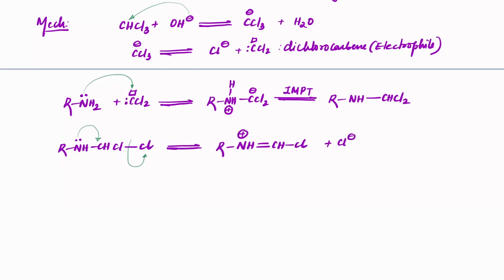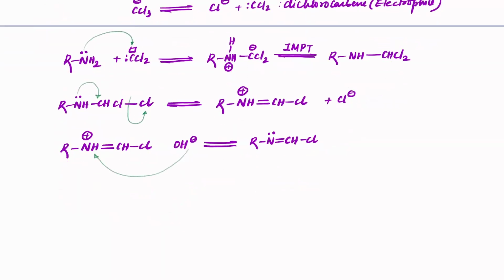Once you get that, OH minus will attack the H plus from here and take away that H plus, and that will generate RN double bond CHCl with a lone pair. Now again the lone pair will be pushed here, and Cl minus will be left.